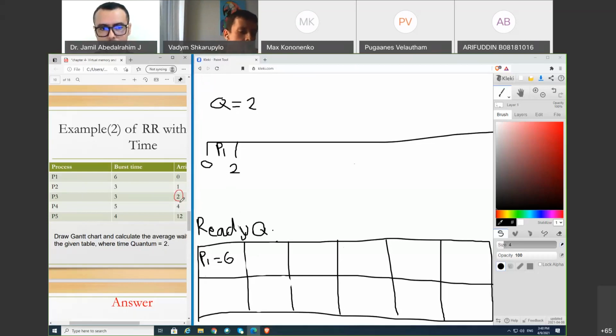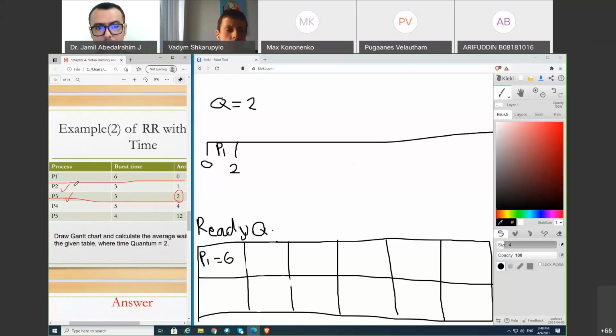We are checking arrival time. Look, arrival time at 0, arrival time at 1, 2, 4, 12. Since we arrive at 2, we are here. That means we have two new processes ready to enter the memory, P2 and P3.